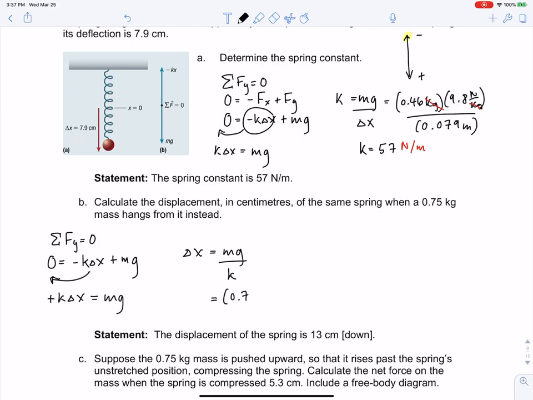We have 0.75 kilograms times 9.8 newtons per kilogram divided by the spring constant we calculated above to be 57 newtons per meter. If you sub this into your calculator, you should get a displacement of 0.13 meters or 13 centimeters down.